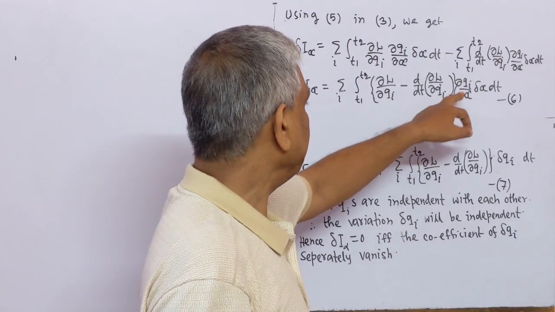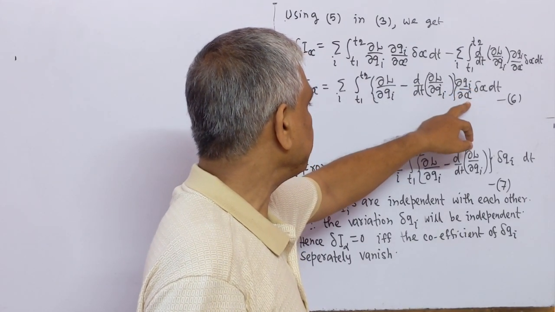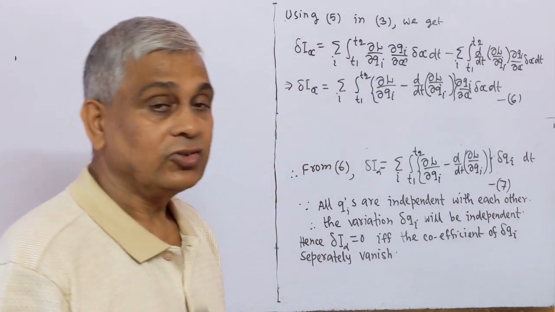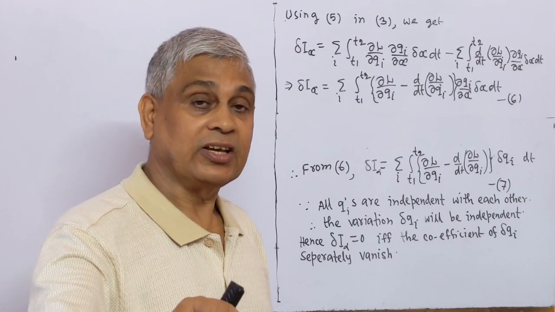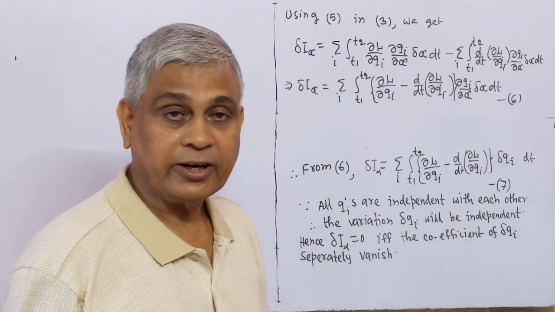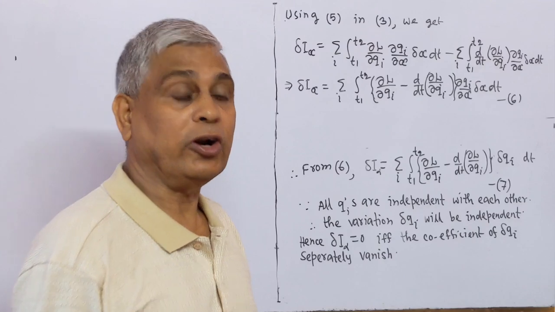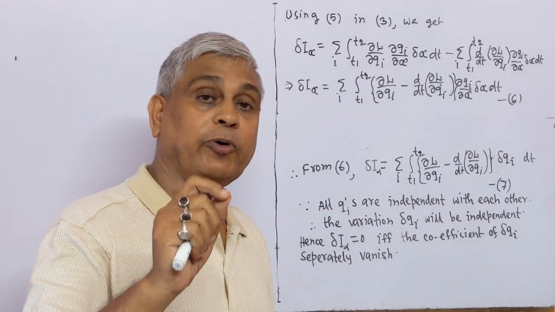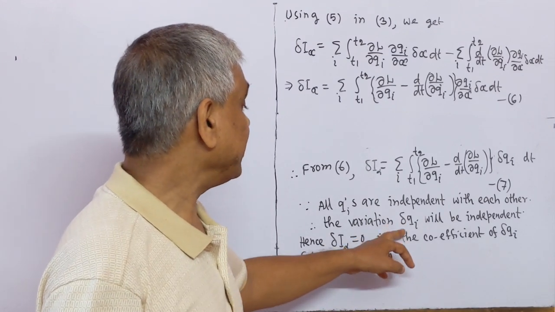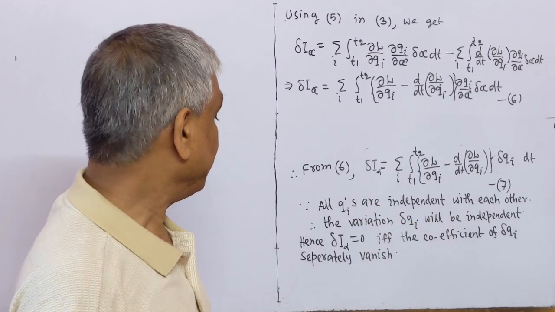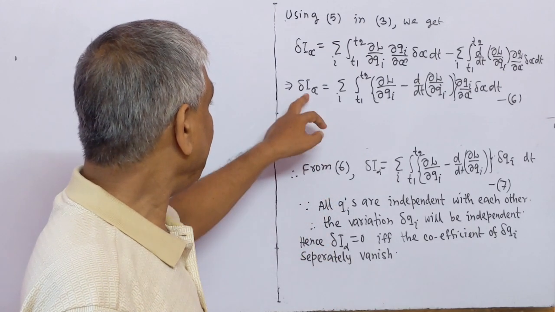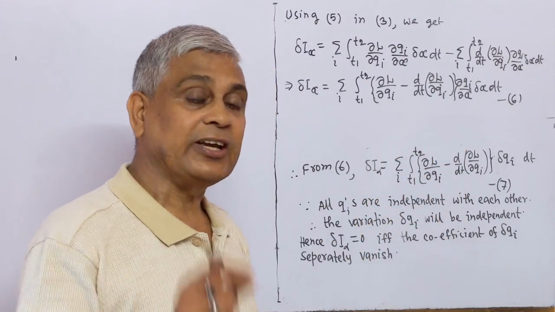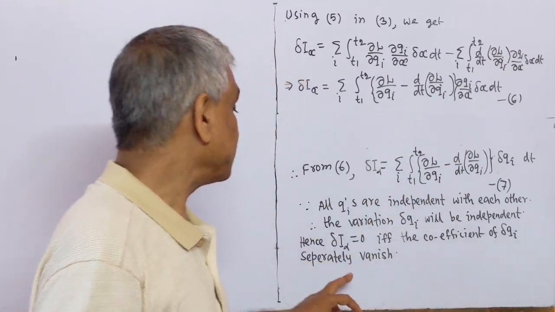From 6, the partial derivative of qi with respect to alpha times delta alpha equals delta qi. Since all qi are generalized coordinates, all generalized coordinates are independent of each other. Therefore the variations delta qi are independent. Hence delta I(alpha) will be equal to 0 if and only if the coefficients of delta qi separately vanish.